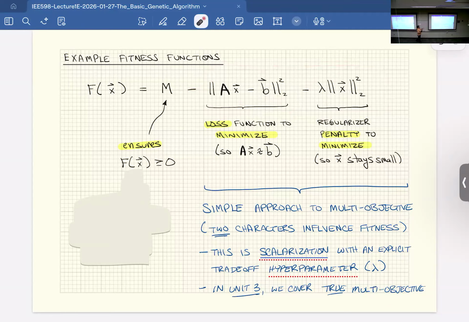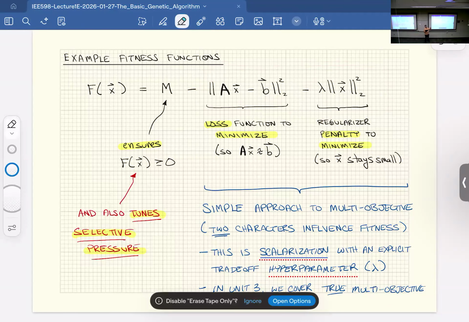Likewise, playing with that M plays with selective pressure. It's basically the same example we had before, but I'm trying to show you that we can now theoretically talk about two different characters, this trait and that trait, and how they combine.